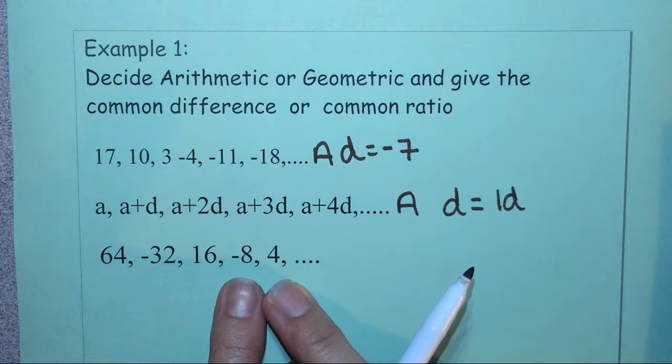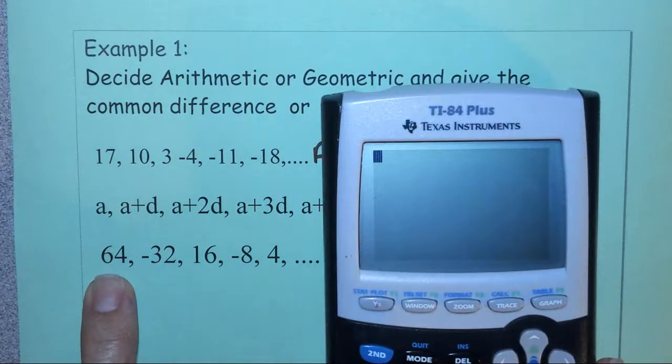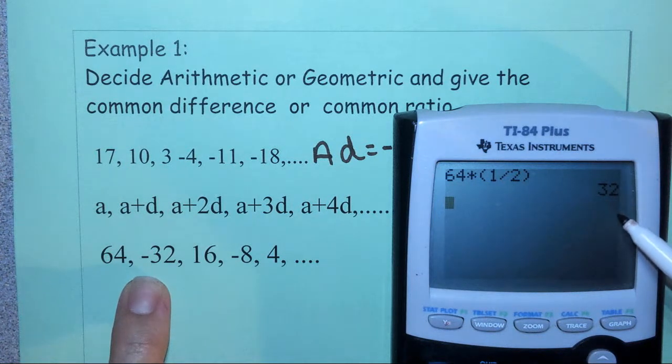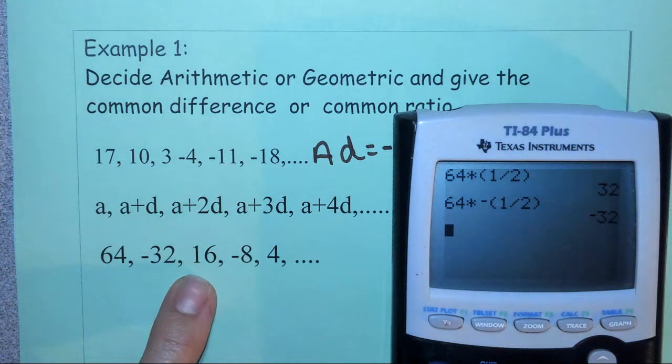Let's check to see if it's geometric. What could I multiply 64 by to get 32? Well, it'd have to be a fraction. So 64 times, let's see if 1/2 works. Oh, yeah, except that I got a positive 32 and we wanted a negative 32. So let's do 64 times negative 1/2. Negative 32.